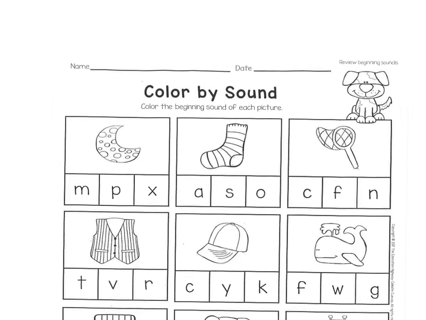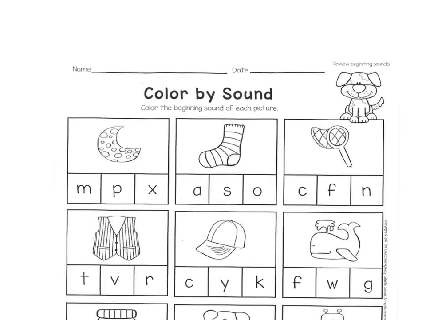Okay, once you have that all ready to go, kindergarten, we're going to do the first 3 together, okay? So I want you to look at the very first picture, or the very first box, okay? We have the letter M, P, and X, and this is a picture of a moon. So I want you to stretch that word out, moon. Remember, we are only working with the beginning sound, okay?